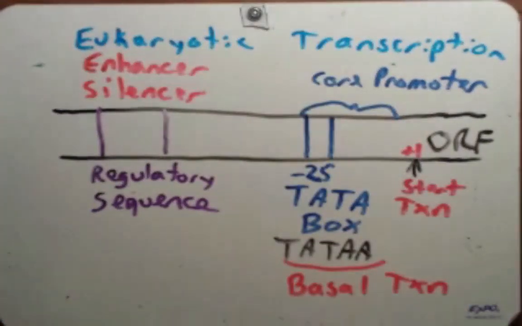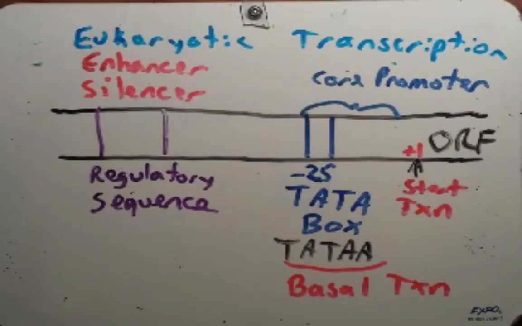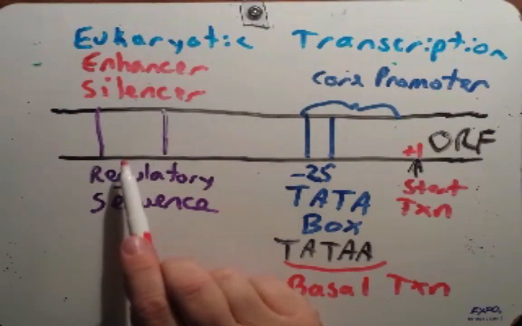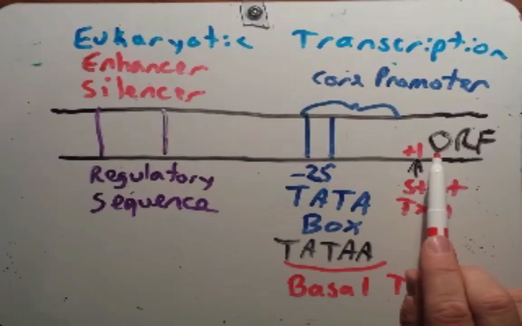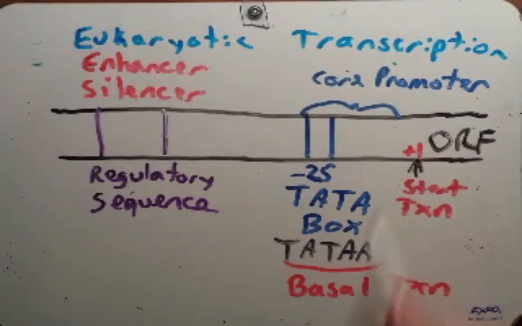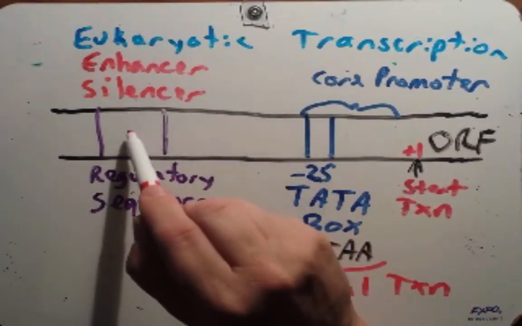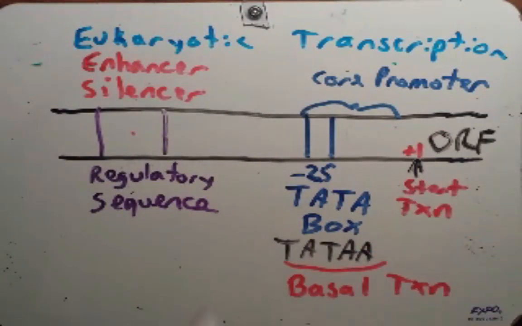These are great names because they tell you exactly what they do. Proteins that are enhancers, they will bind to the regulatory sequence, and when they're bound, they will allow the transcription from this gene to be much higher than basal. The silencers do the opposite. They silence the transcription. So when a silencer protein binds here, it will silence this.